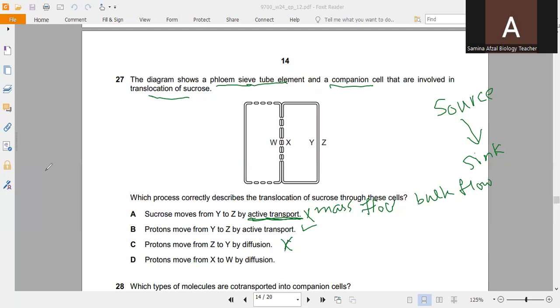Protons move from Y to X by diffusion. They will not move by diffusion. They move by active transport. So again, this is not the correct option.